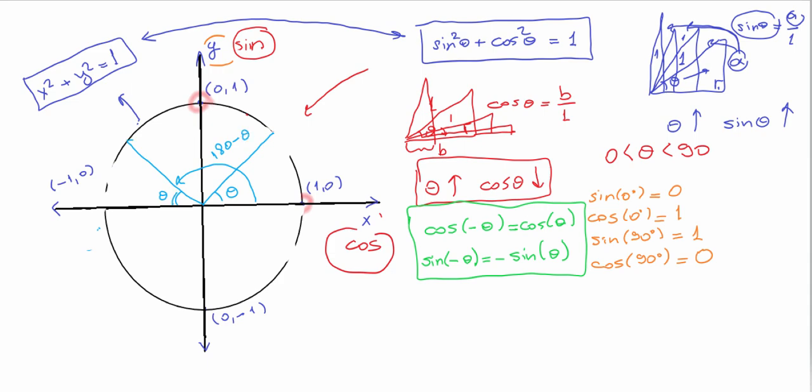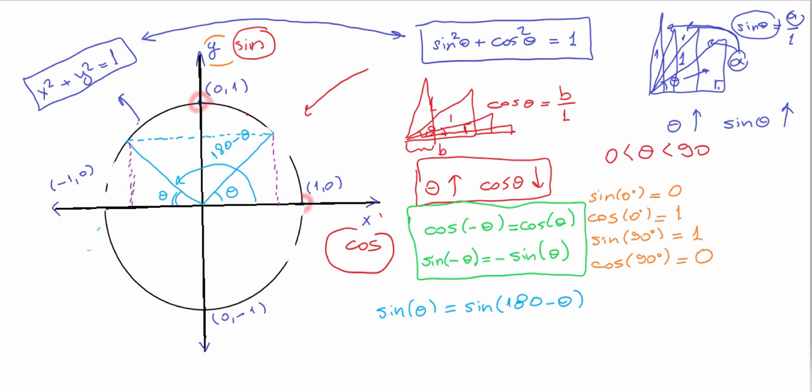But can you see that the sine values of theta and 180 minus theta are equal? Then sine theta is equal to sine 180 minus theta.